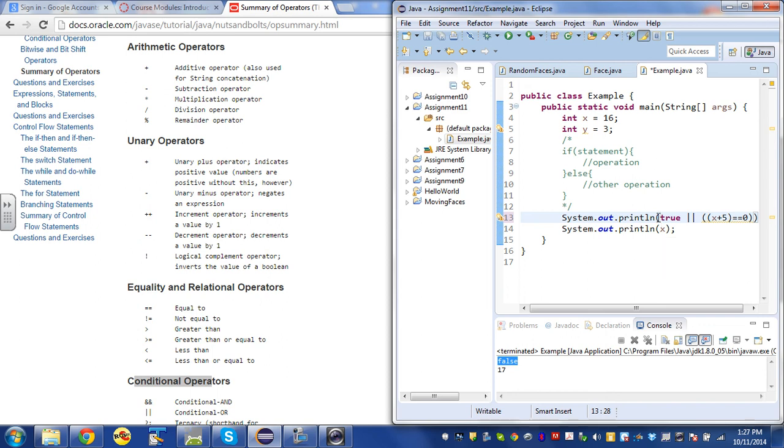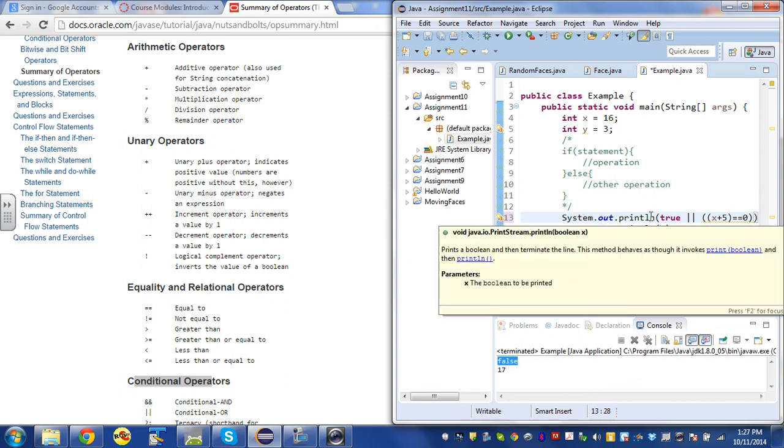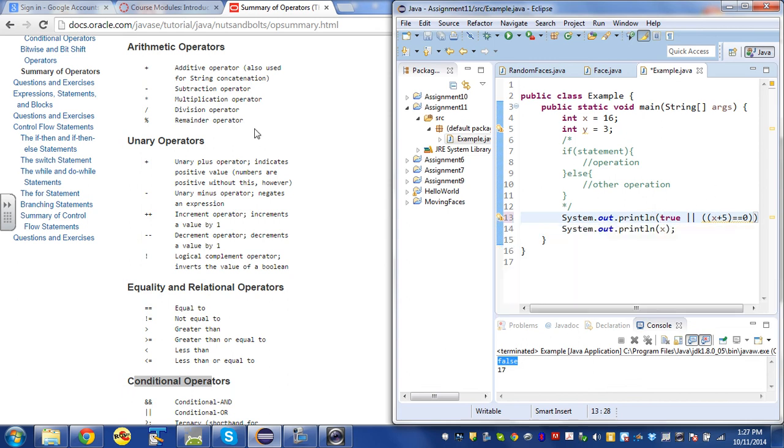So Java will work from the left to the right, inside out, respecting precedence rules, and you know that multiplication and division come before addition and subtraction, just like in math class. But when in doubt, you can always add parentheses and get exactly the result that you want.